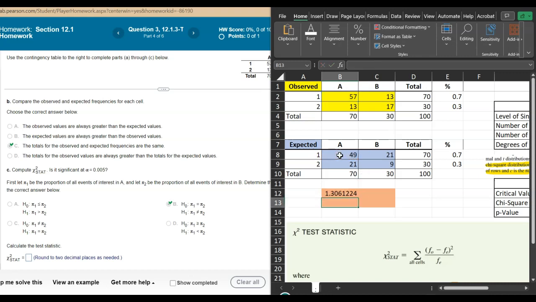And that would be the first value. Usually you would select this and drag it around, but I'm going to do it one more time so you can see the process.